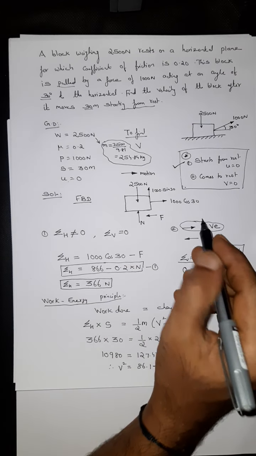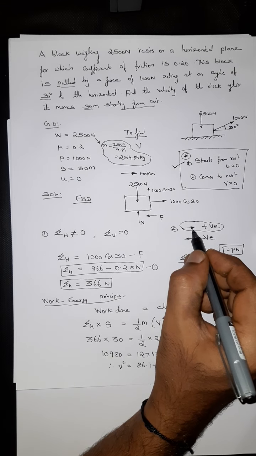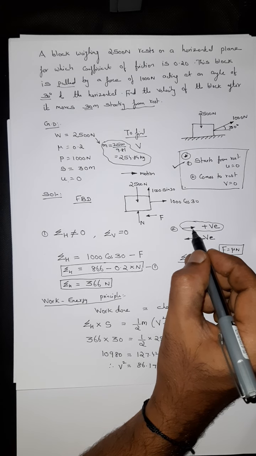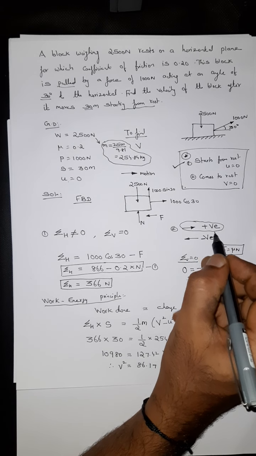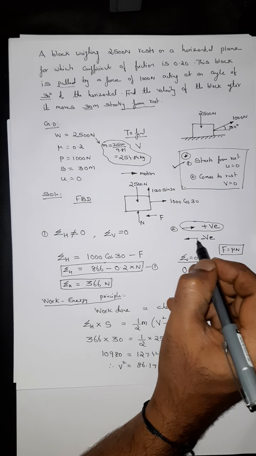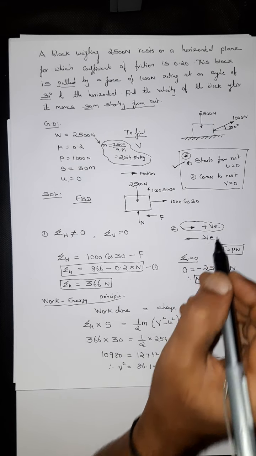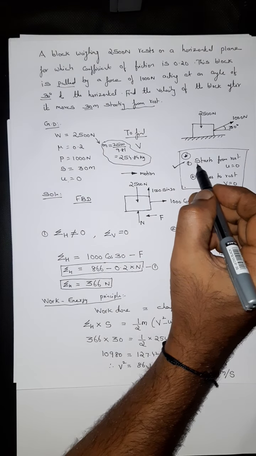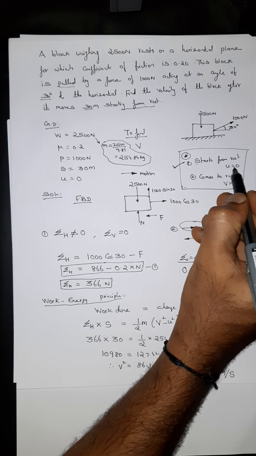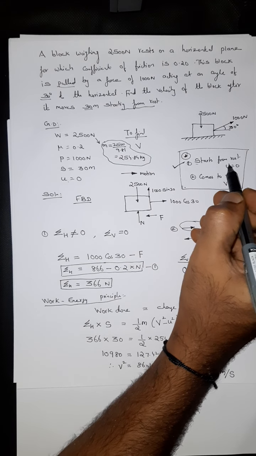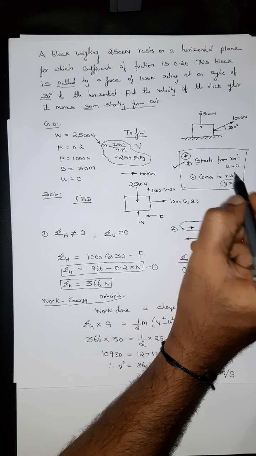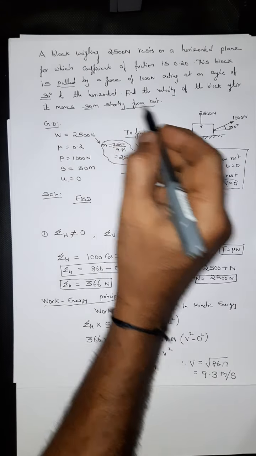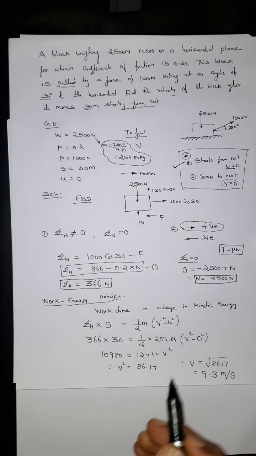Second, the moving direction of the body is considered positive, and the opposite direction is considered negative. And next, if it is mentioned starts from rest, then u equal to 0. Suppose the question says comes to rest, then v is equal to 0. As far as this problem is concerned, starting from rest, therefore u is equal to 0.